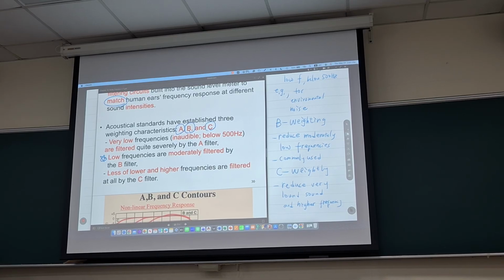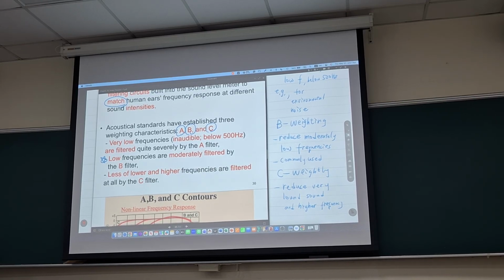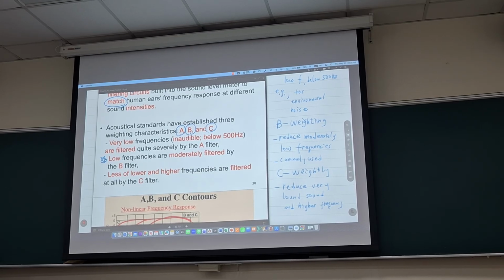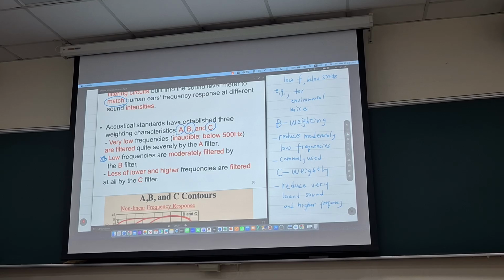So less of lower and higher frequency are filtered by the C filter, C value.